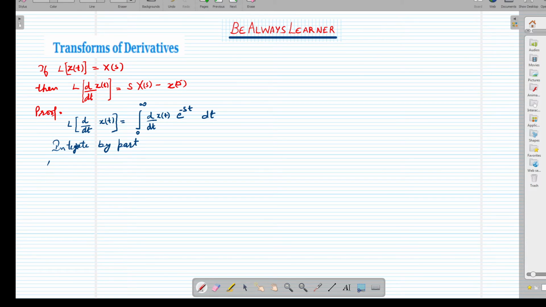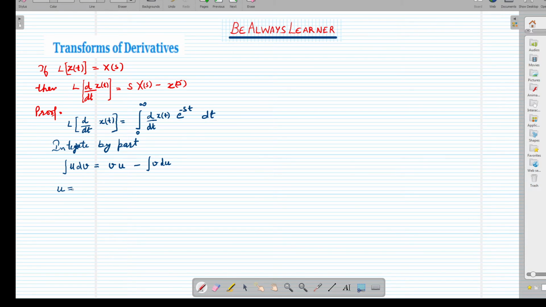The formula for integration by parts is the integration of u dv equals u v minus the integration of v du.